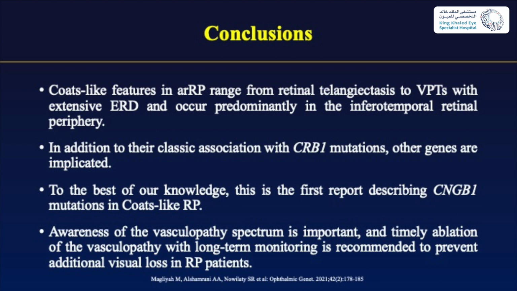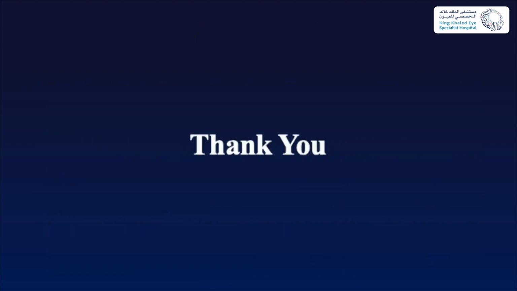For this reason, we should rethink CRB1 as a risk factor for COATS-like response in retinitis pigmentosa, as there are other genes that were implicated. To the best of our knowledge, this is the first report describing CNGB1 mutations in COATS-like retinitis pigmentosa. Awareness of the vasculopathy spectrum is important, and timely ablation of the vasculopathy with long-term monitoring is recommended to prevent additional visual loss in retinitis pigmentosa patients. This is the end of the lecture, and thank you.